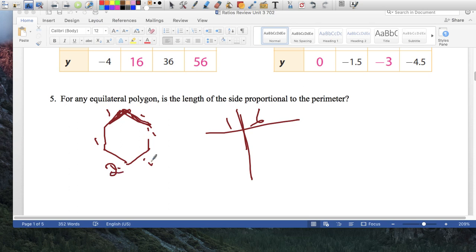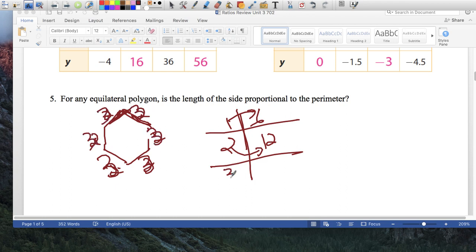If I change the length of the sides to 2, the length of one side would be 2, which makes the perimeter 12. Right? You can clearly tell that it stays proportional. Okay, if the length of the side was 3, the perimeter, which is the sum of all the sides, would be 18. Again, you see that the relationship stays times 6.